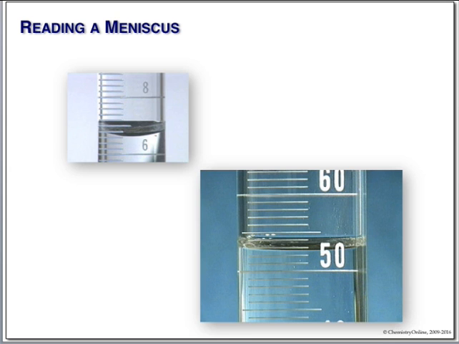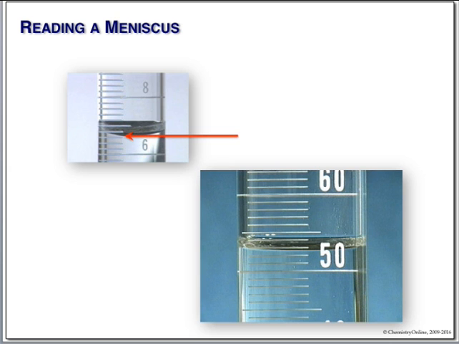Now the thing that we said was that when you read a concave meniscus like this, so it's concave down, what you do is you sight directly at the very bottom of this thing. So when you do this, you'll be reading it just about there.